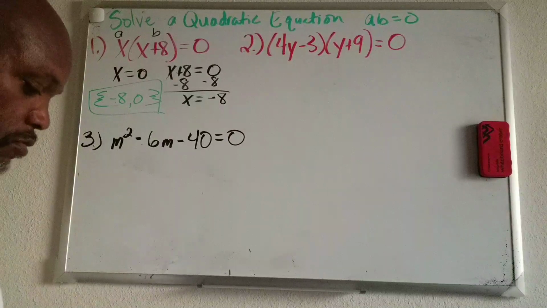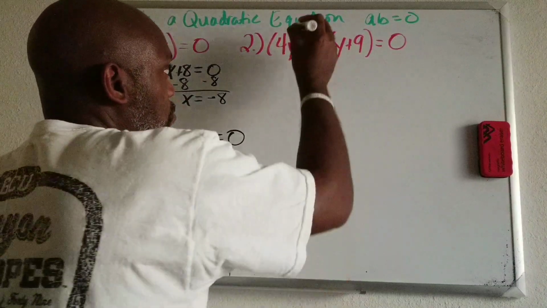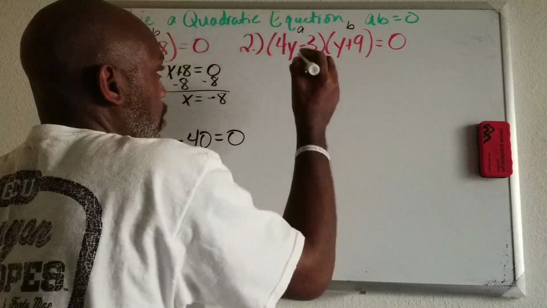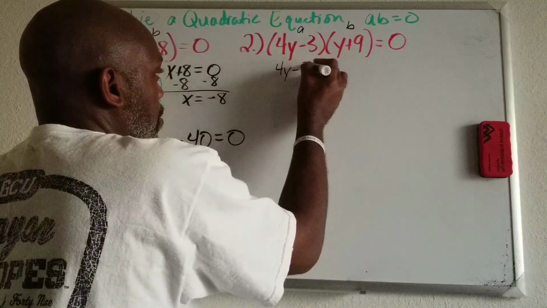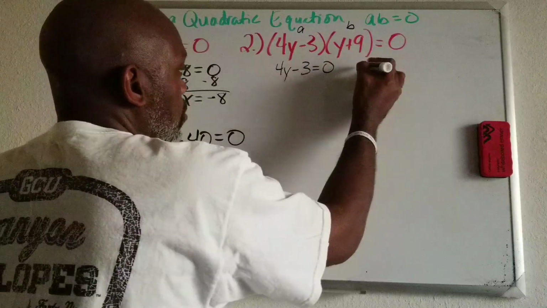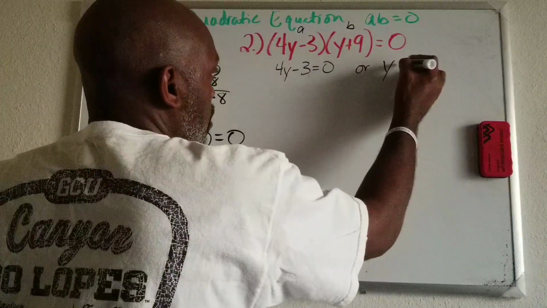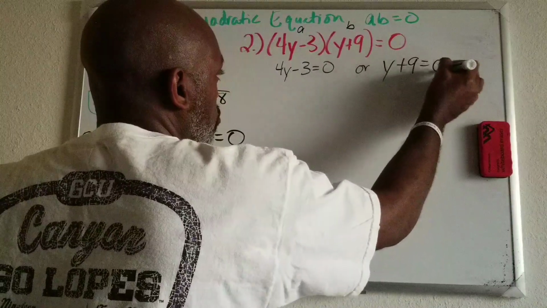So moving on to the next problem, we're saying that this is A and this is B. So we have 4y minus 3 equals 0, or y plus 9 equals 0.